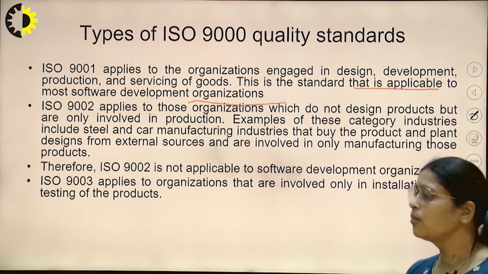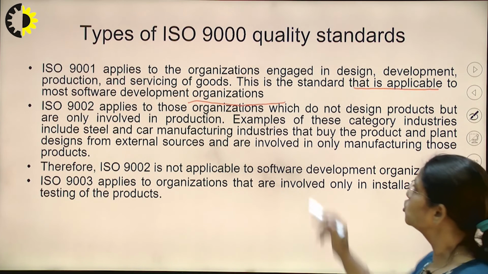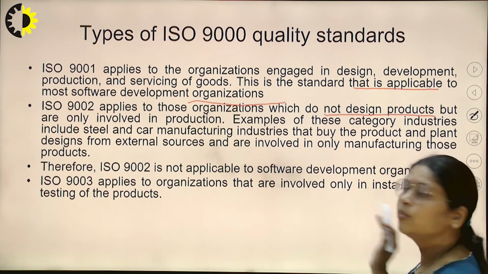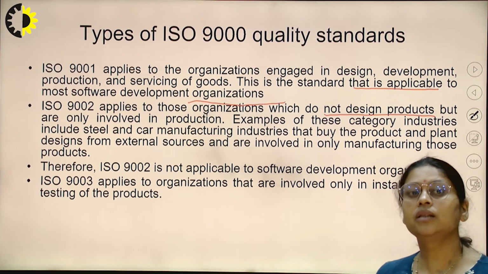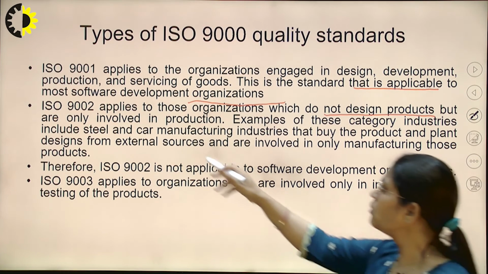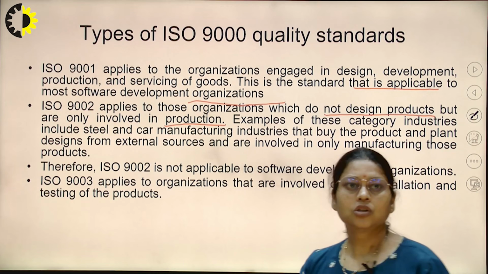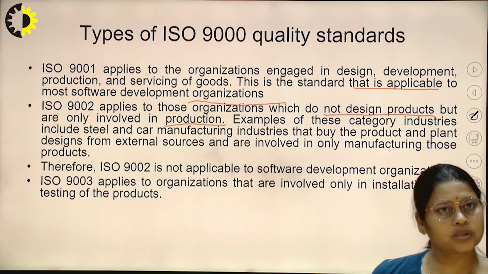If we are talking about ISO 9002, it applies to those organizations which do not design the product. Means the organization which does not deal with designing, they are only involved in production. Such types of companies are eligible for ISO 9002 certification.